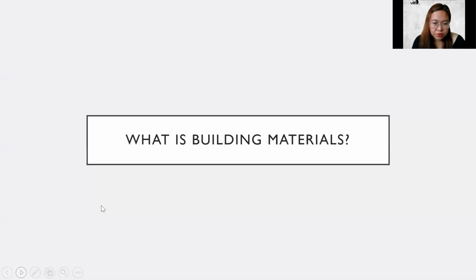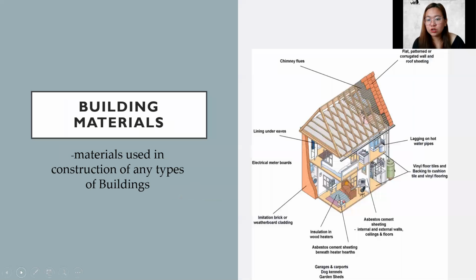Before we start, what is building materials? Ano ba yung tinatawag natin o pag-aaralan natin sa buong semester? So it's basically the materials used in construction in any type of buildings.